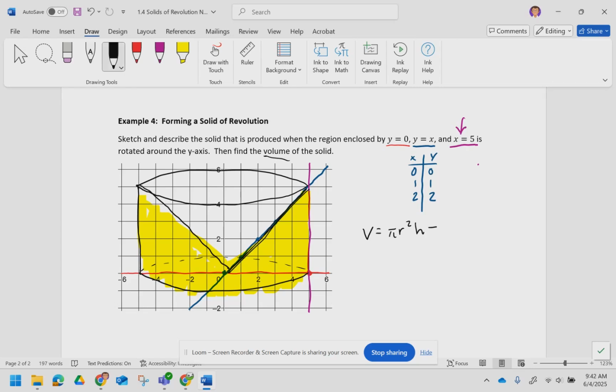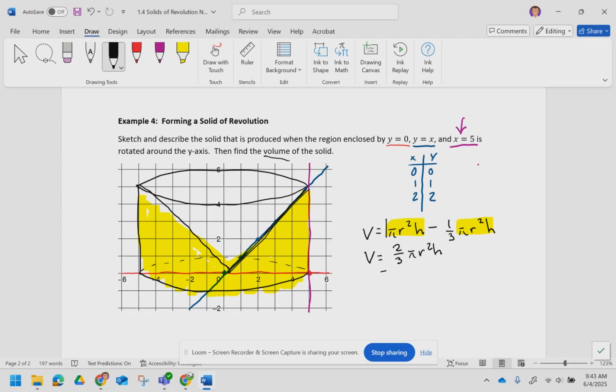And then the volume of a cone, and that's what we're taking out of it, is 1/3 pi r squared h. Well, that's kind of nice: pi r squared h, pi r squared h. So it's 1 pi r squared h minus 1/3 of a pi r squared h. So what we'd be left with is 2/3 of a pi r squared h.